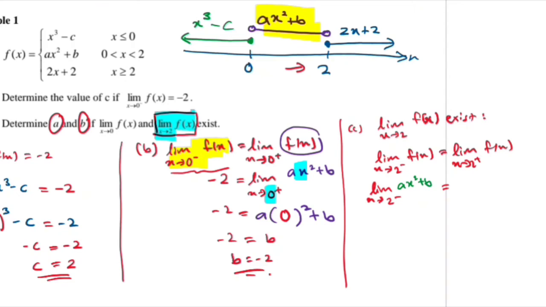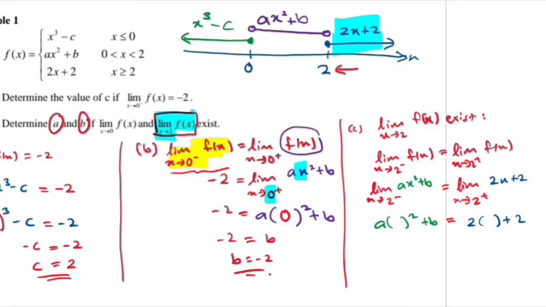Substitute f(x) with ax squared plus b. And then on the right side of 2, we also have to determine what function to substitute. The function nearest to the right of 2 is 2x plus 2. Replace your f(x) with 2x plus 2. The next step is to substitute the value of x, which is 2, into your x.